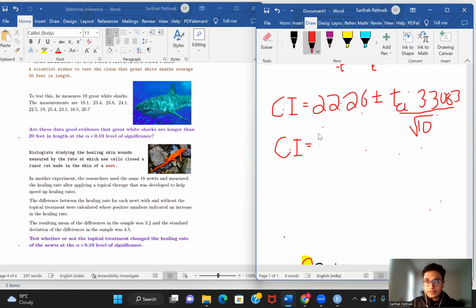Now for the next one, it's going to be 3.2 plus and minus T critical into 4.5 divided by square root of 18. Okay. Now let us calculate both of these values.